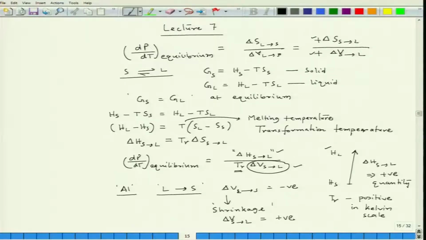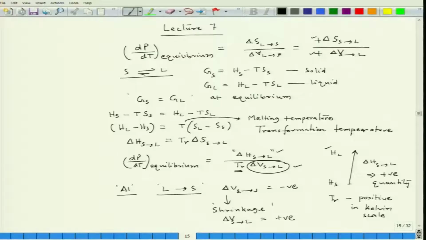So, then what would be the situation if we change the pressure a little bit? Once we change the pressure, this gives me the slope of this pressure temperature plot. In this case, since all the quantities are positive, the slope is also positive.